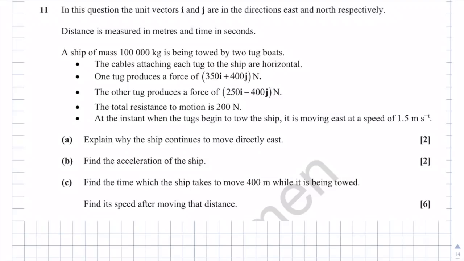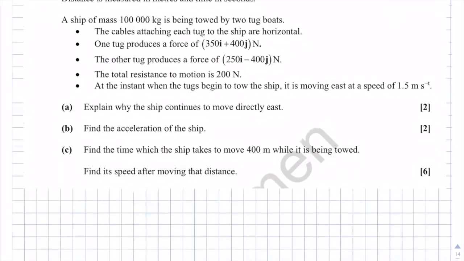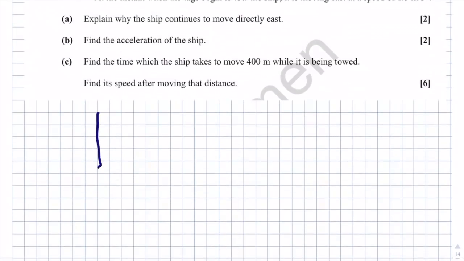Okay, so I think the first thing to do with questions like this is to draw a diagram. What's happening is we've got 2 tugboats which are pulling one big ship. I'm just going to represent these with rectangles. So this here is my ship, and then I've got 2 cables.